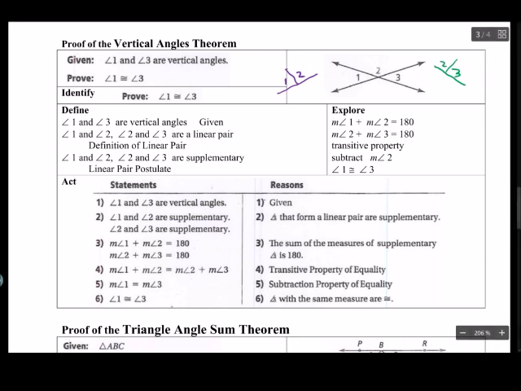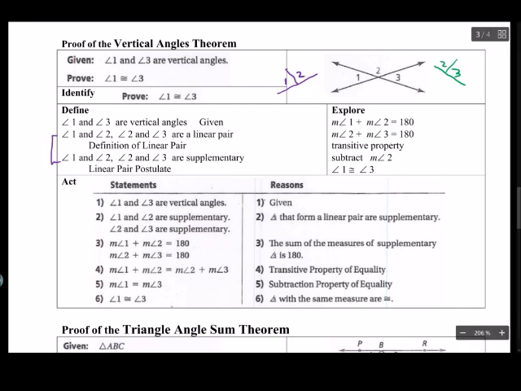So let's do our define. Angles 1 and 3 are vertical angles. That's given. 1 and 2 and 2 and 3 are a linear pair. And what that lets us do is we can say that they are supplementary. That is by the linear pair postulate. So what does supplementary let us do?